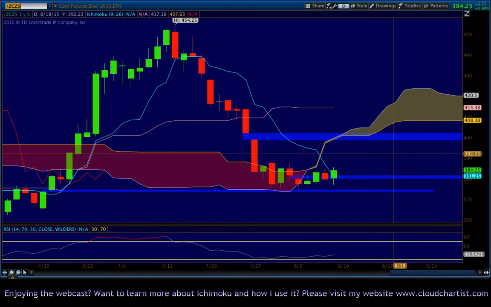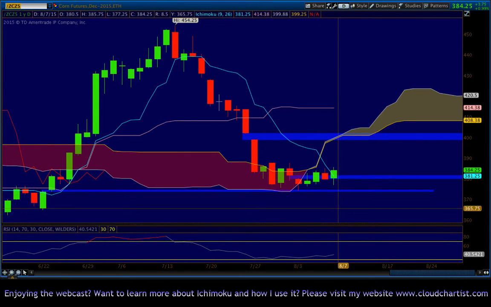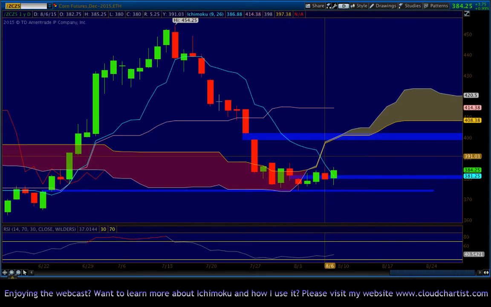Basically, it depends on whether or not we have a bear cross, Kijun-sen over Tenkan-sen, which is what we have here. The pink line is the Kijun-sen, the blue line is the Tenkan-sen.